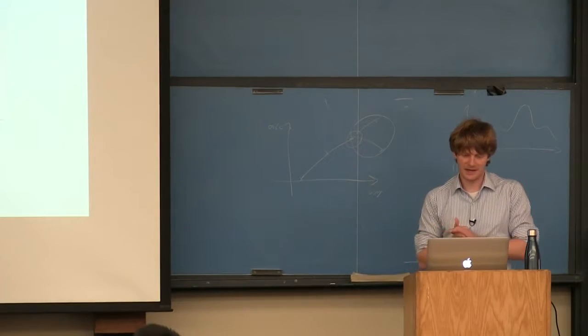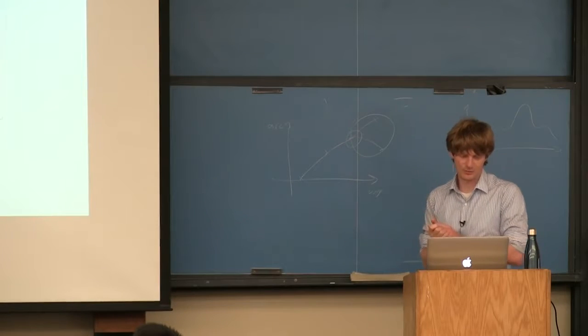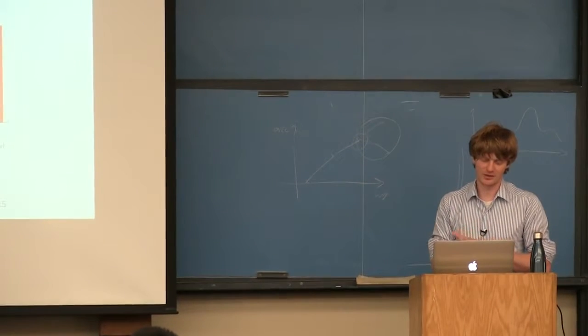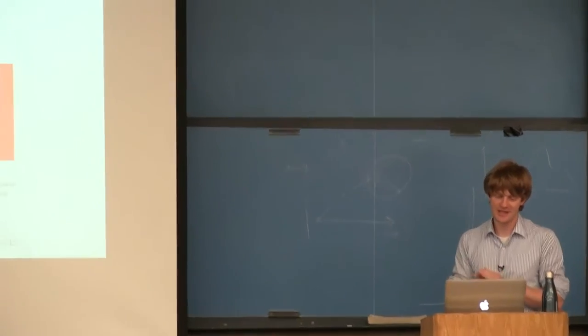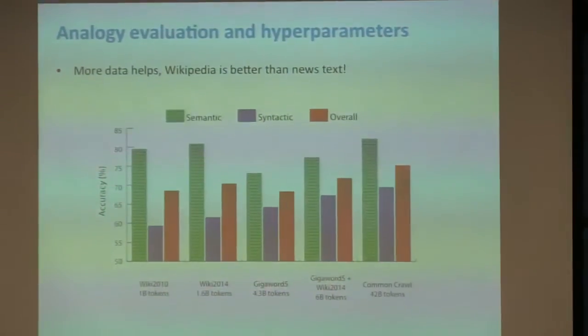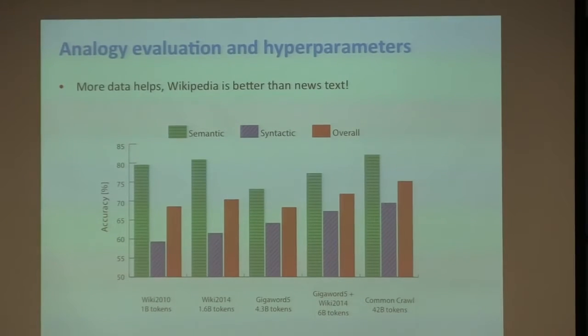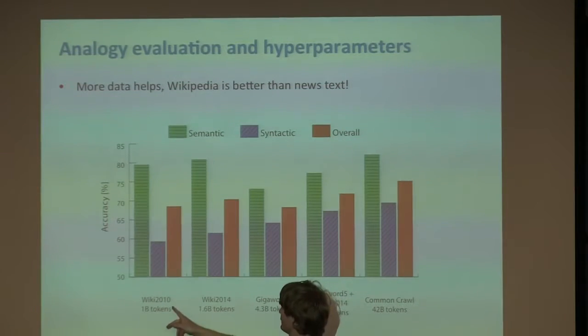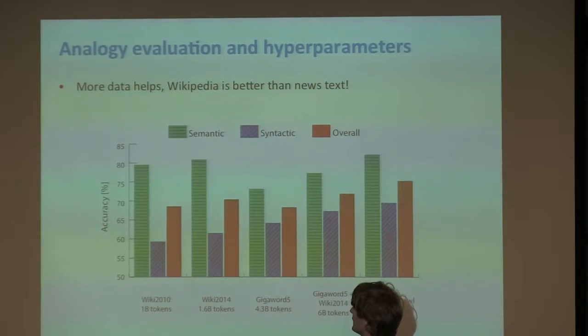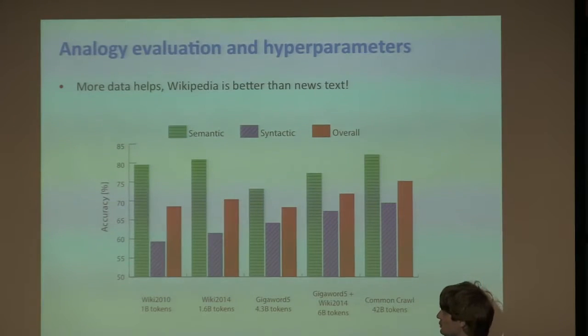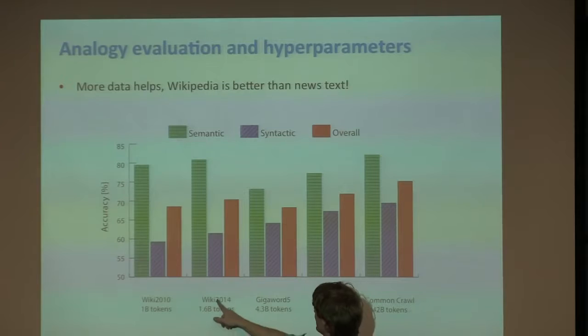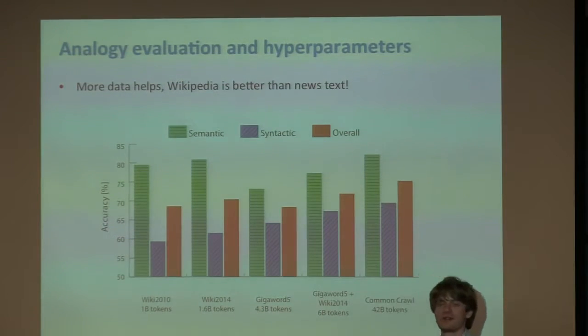All right, and lastly, this is sort of the most important one, and actually an important lesson for all deep learning models. More data helps, always. If you have two data sets that are roughly the same size, then the quality matters. So in this case, we'll see the overall accuracy in red, and if you train that on Wikipedia versus GigaWord, which is a corpus based on news text, then Wikipedia, even with 1.6 billion tokens, covers a lot more different kinds of topics, really tries to have clean language.